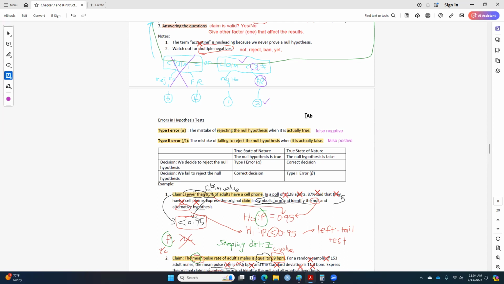In this case, sorry, the other way around. This is false positive and this is false negative. Where did we spell this one? No, that's correct.